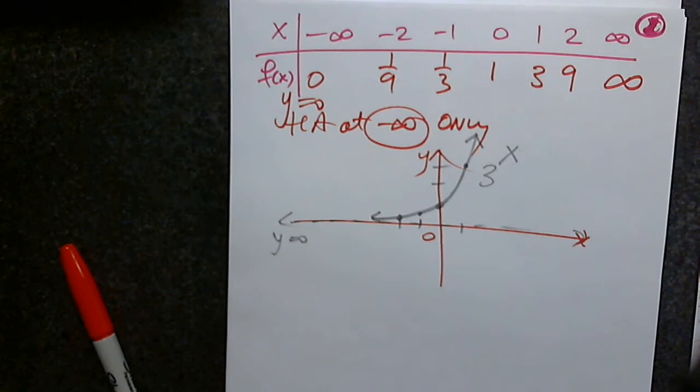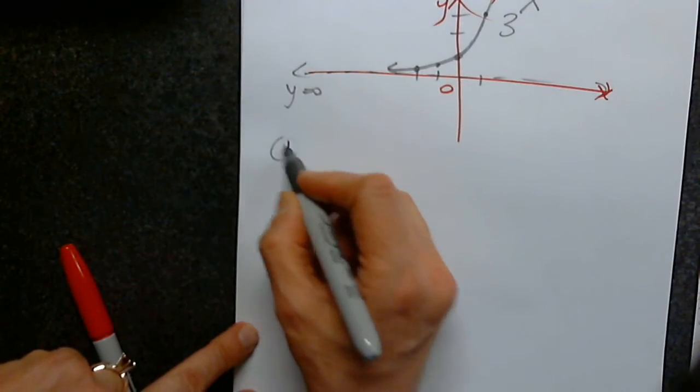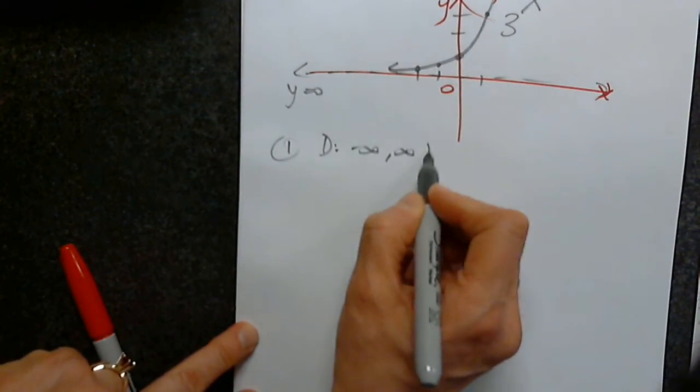Now if you ask me what can you say about this function, I can say a lot. It's a friendly function, defined everywhere, but its range is awesome. The range is 0 to infinity. So number 1, domain, all real numbers.